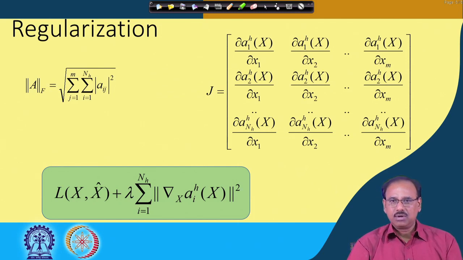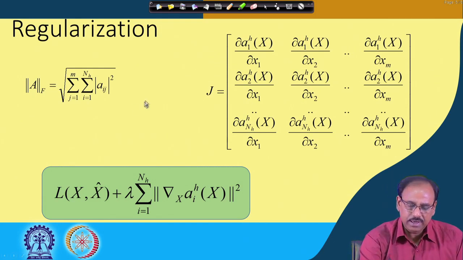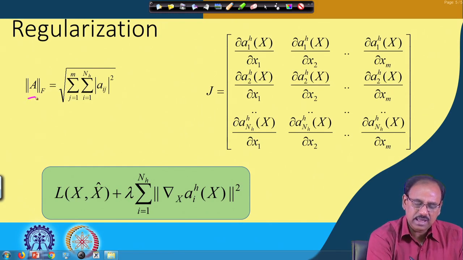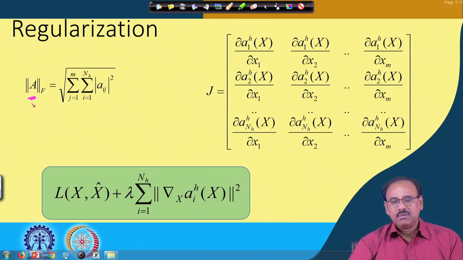So, what is Frobenius norm? Frobenius norm of a matrix A, as shown over here: if my matrix is A, then the Frobenius norm is the square root of the sum of Aij squared, where Aij is the ijth element of the matrix A. Take the sum of all these squared elements over all the elements, that is summation over all i and summation over all j, and take the square root of this.